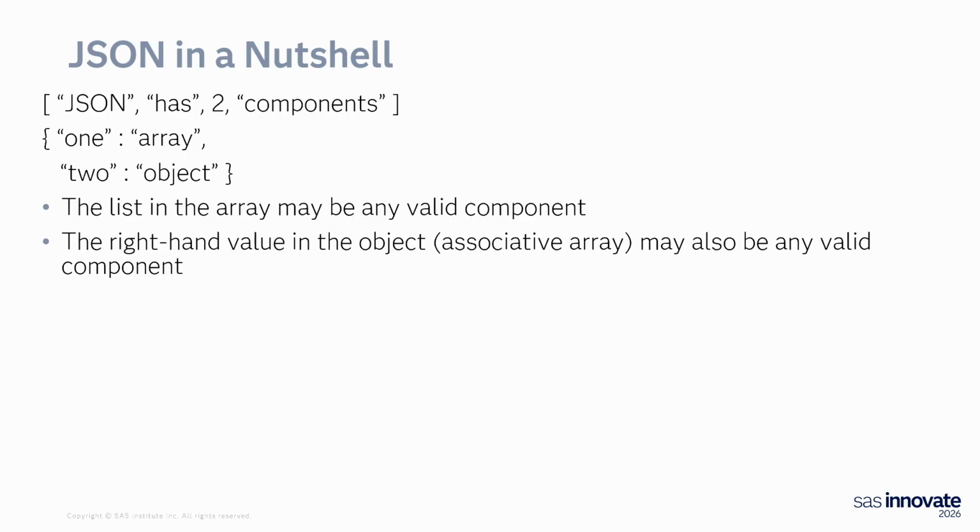In both cases, either the array, which is the list, or the object itself, the right-hand side of the object can be just single values like strings, or they can be other arrays or objects. So as you might imagine, it provides a completely flexible structure if you have ragged data needs, meaning non-rectangular data needs, which is the case on what actually gets returned in this case from the API.